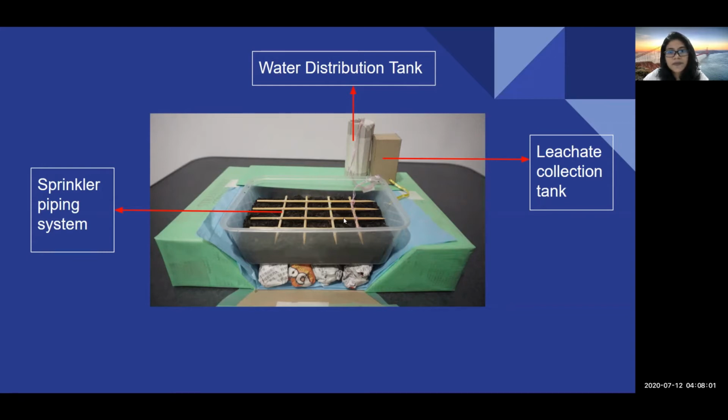The sprinkle piping system supplies the water and also the nutrients for the soil, and it also helps to maintain the optimum moisture content of the soil. In addition, the pH value of the soil is adjusted by adding lime or ammonium sulfate, depending on the soil acidity or alkalinity itself.